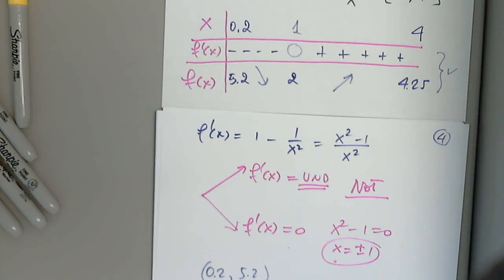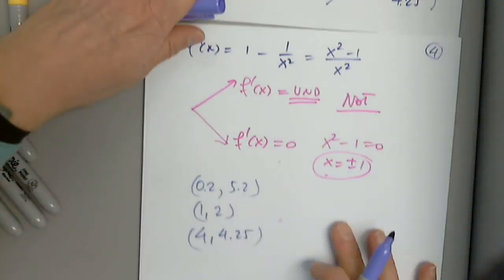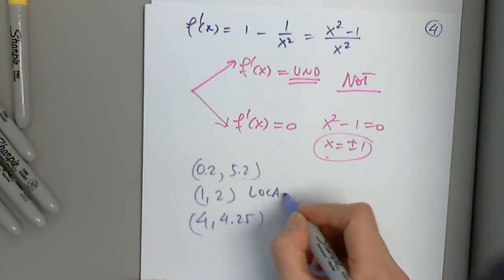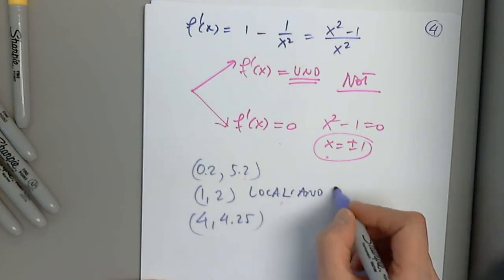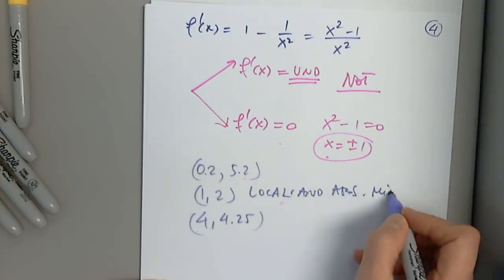It's decreasing, 0, and then increasing. It's definitely local min. Now the question is, is it an absolute min? It's also an absolute min. There is no other smaller value than it. So I will write for 1 comma 2, local and absolute min.